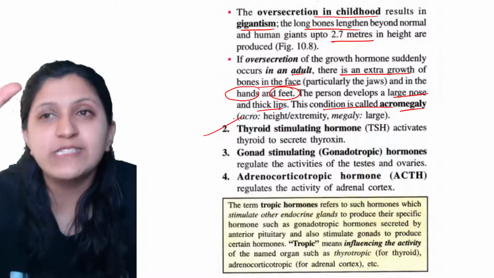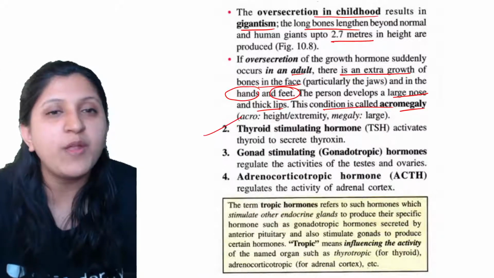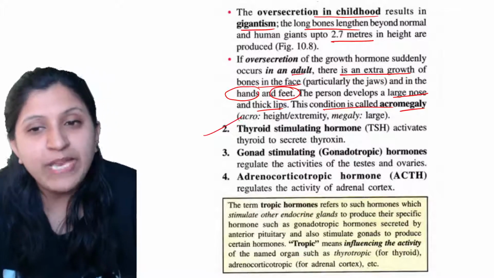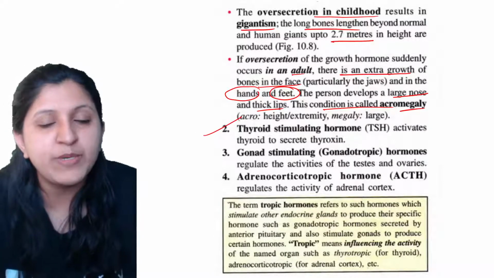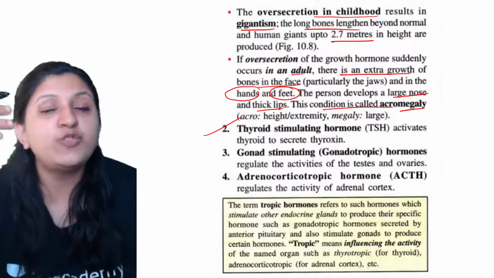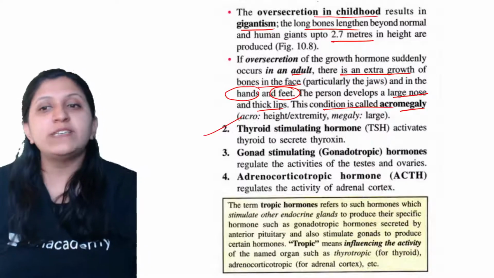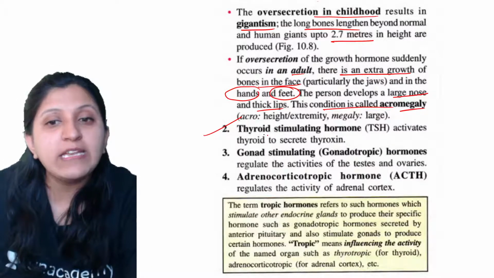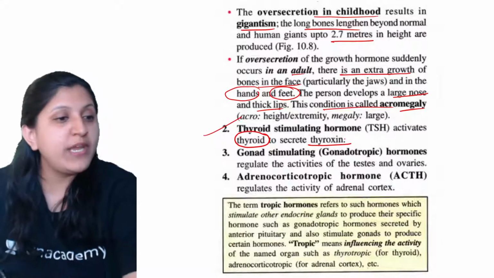It is not just one hormone that is being produced. Many hormones are produced by the anterior pituitary itself, to bring about changes in an individual. So thyroid stimulating hormone will activate the thyroid gland to secrete thyroxine.